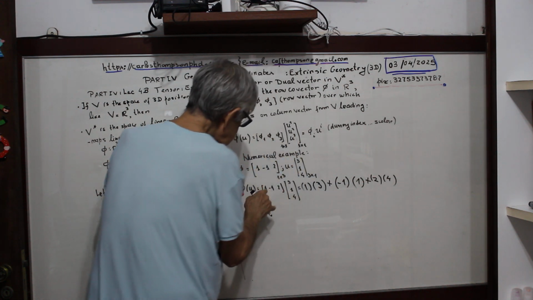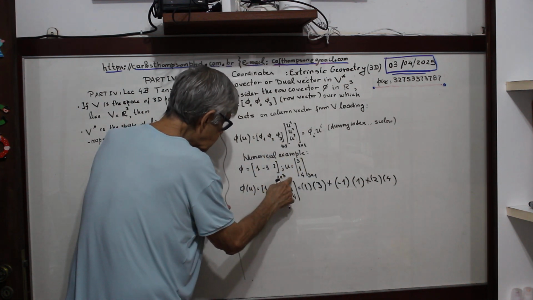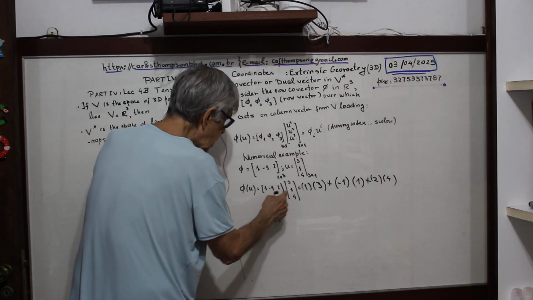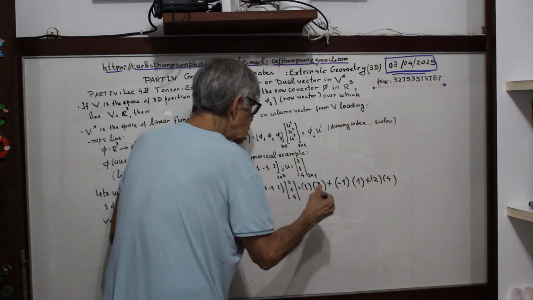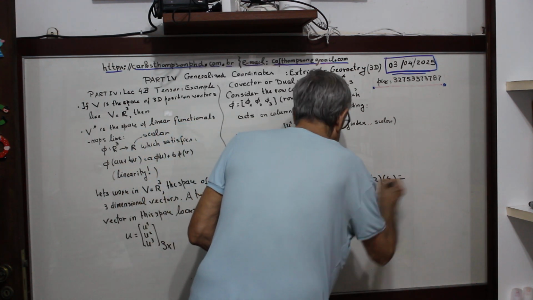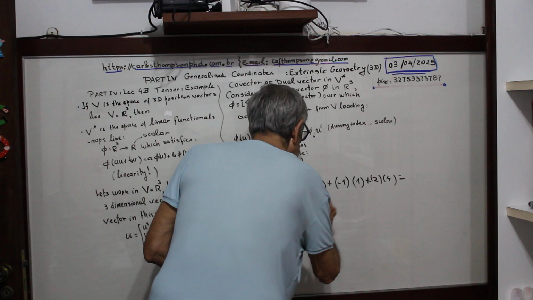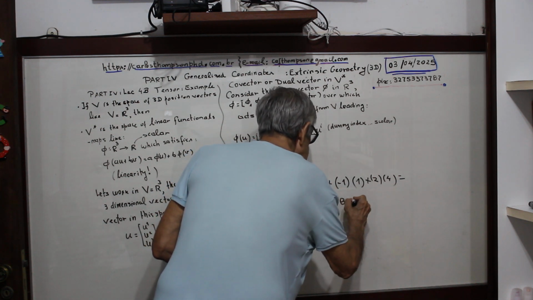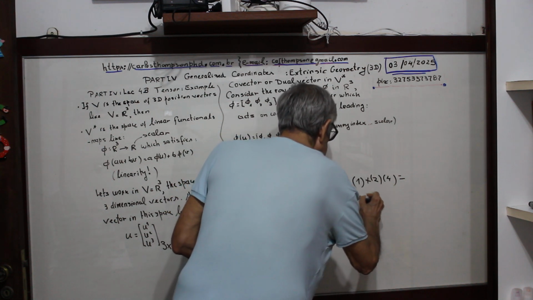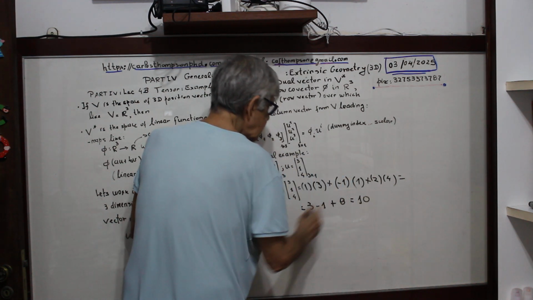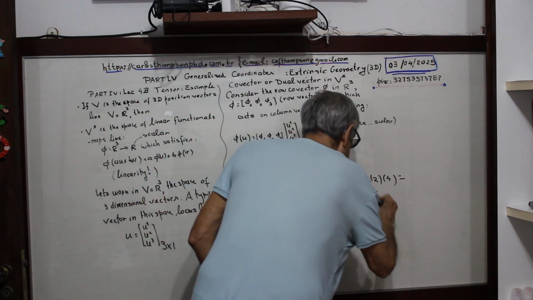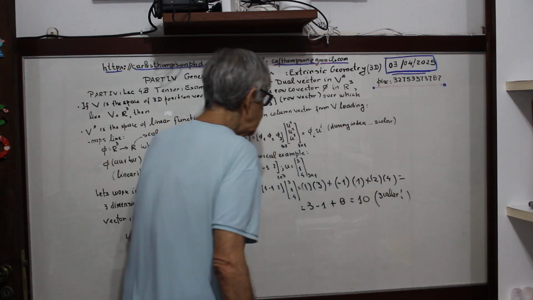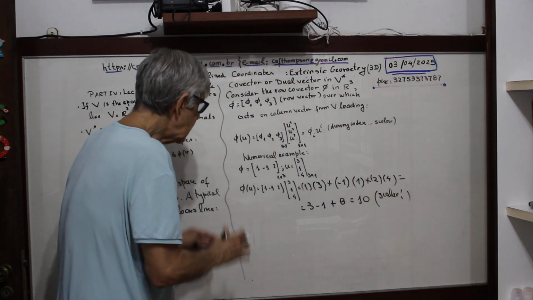So this is 3 minus 1 plus 8, which is equal to 10. It's important: it's a scalar. So that's an example.